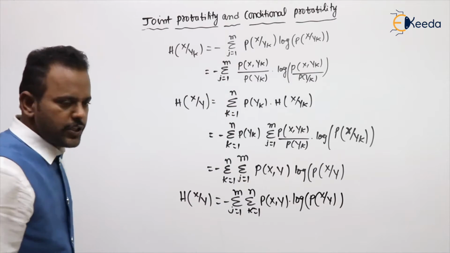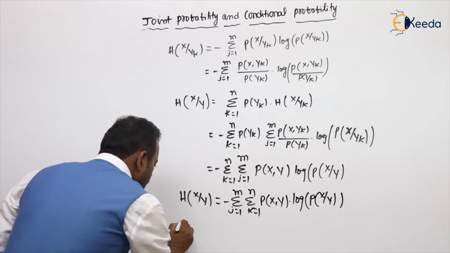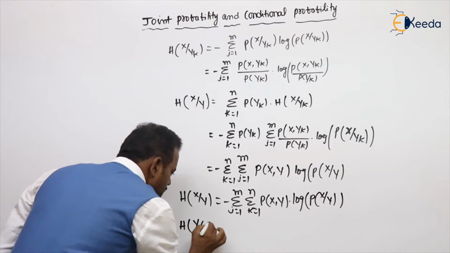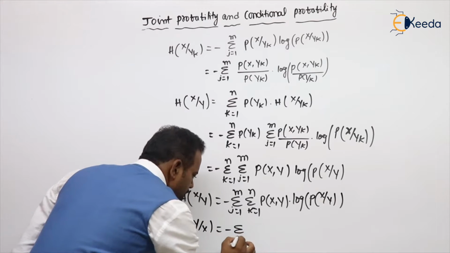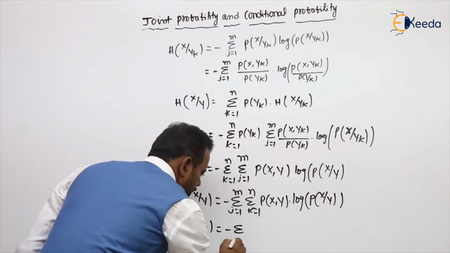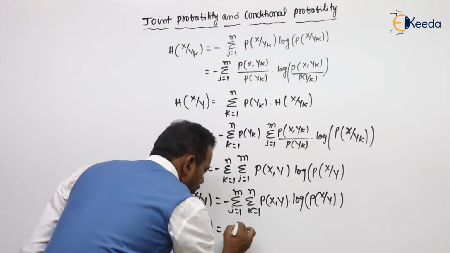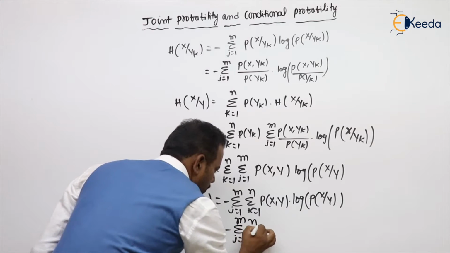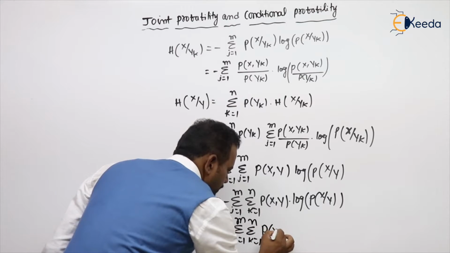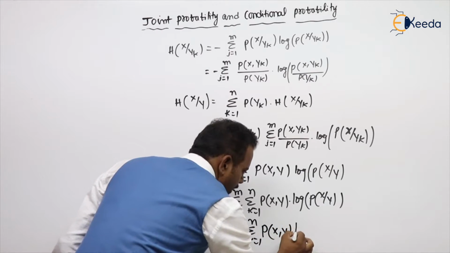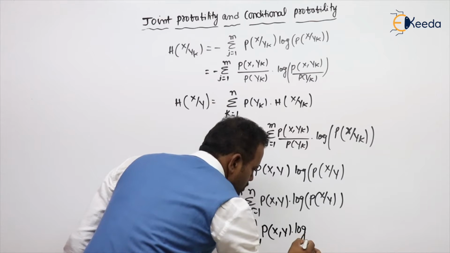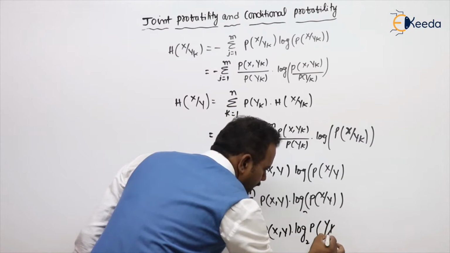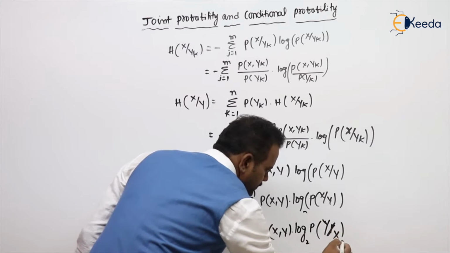In a similar fashion, you can also get the conditional entropy H of y by x equal to minus summation j equal to 1 to m, k equal to 1 to n, p of x comma y log, base 2 only, p of y by x.